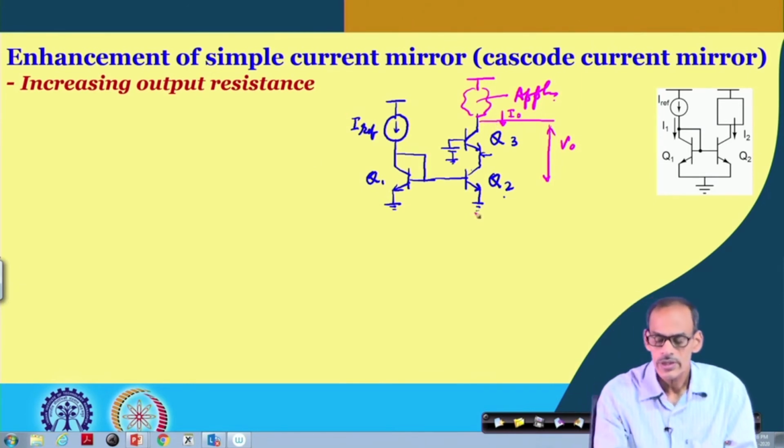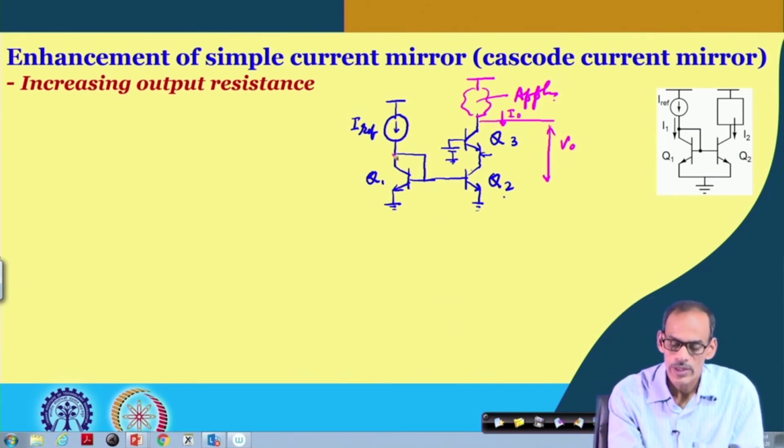For this circuit, if you analyze it, it can be said that this output voltage has hardly any influence on the VCE2 voltage.